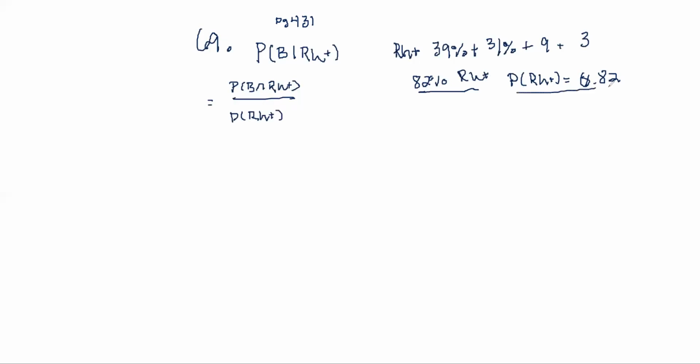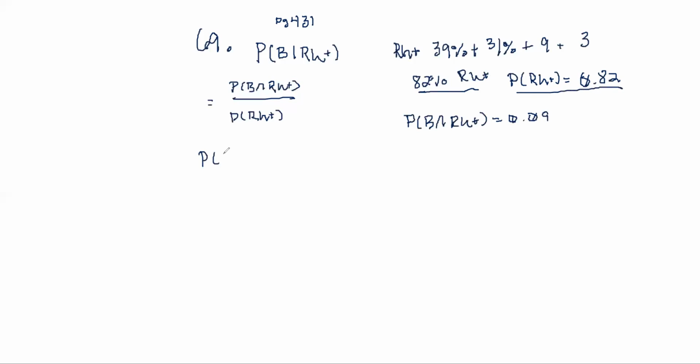So now we found the probability of being Rh positive. The probability of B intersecting Rh positive is people who are both type B and Rh positive. In that case, according to this table, it is the people who are B positive, or 0.09.